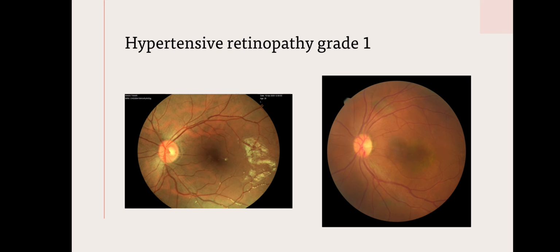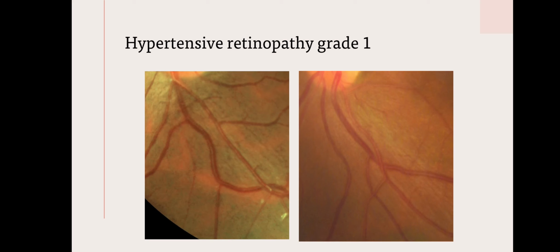First thing is changes in the AV caliber, so that the arteries are less conspicuous and thinned out compared to the vein. This is how we compare the AV changes: the veins are thicker and the arteries are narrower. This ratio is known as AV ratio. Usually it is 2:3, and as the disease progresses, the arteries become narrower.